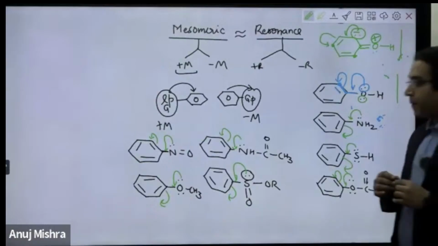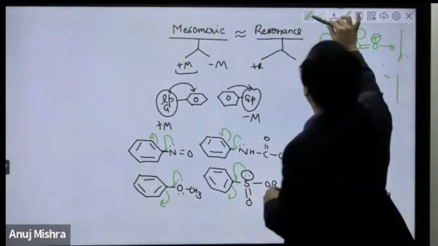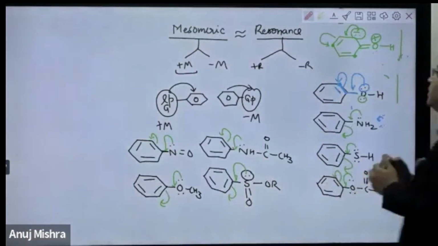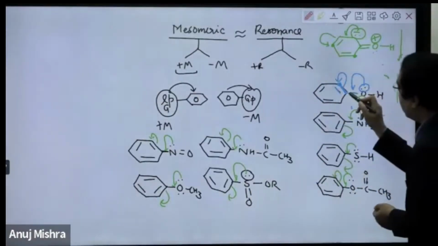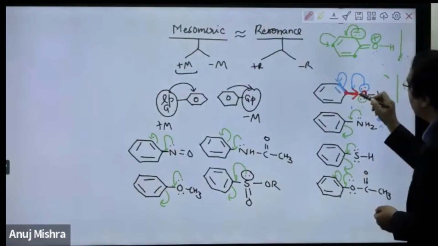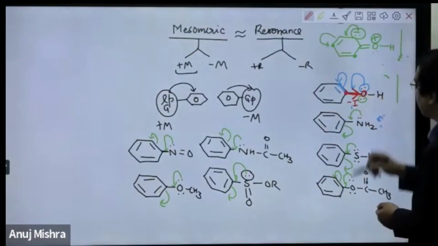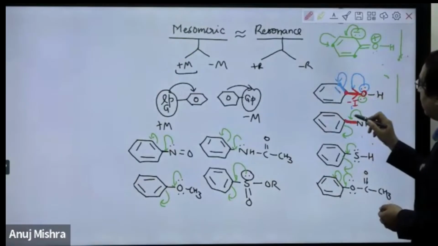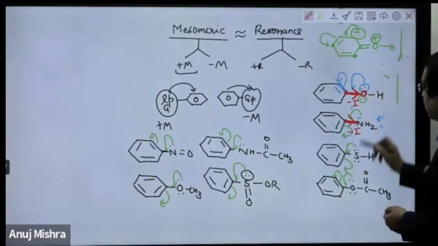Now see the other part. The other part is that this group, other than plus M, will pull electron from carbon. See, this is carbon, this is oxygen. O is more electronegative. It will pull with a minus sign. Nitrogen, carbon: it will pull with a minus sign.